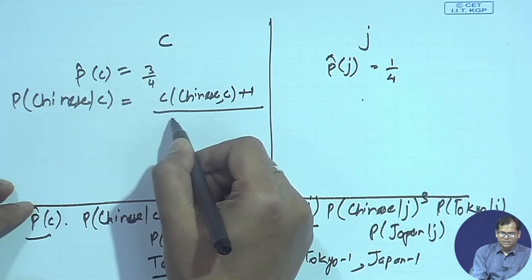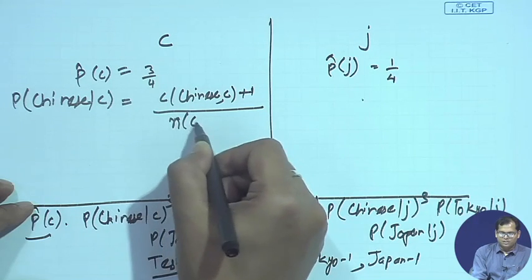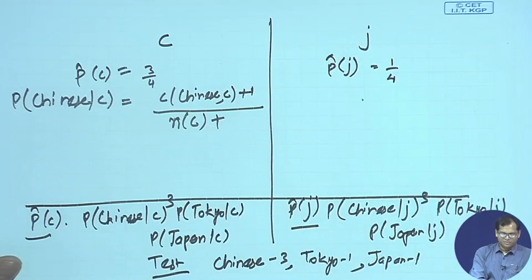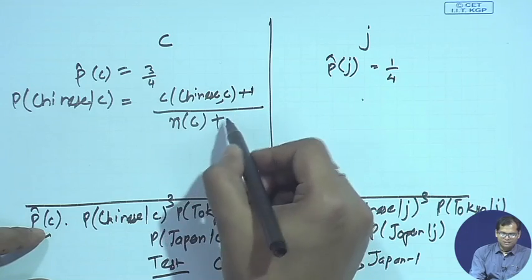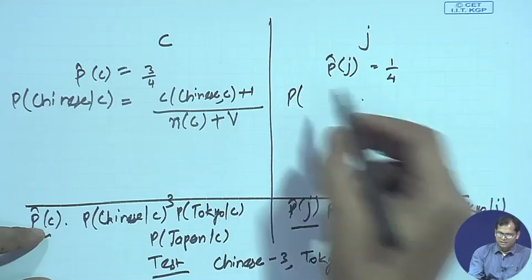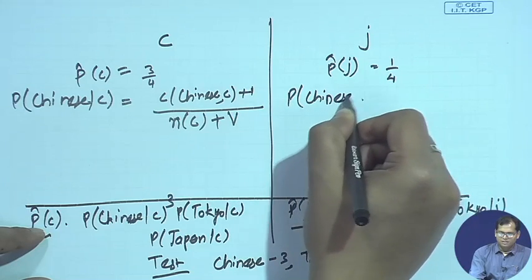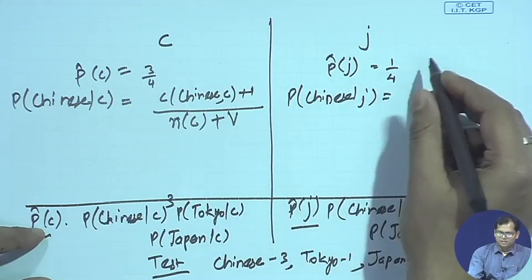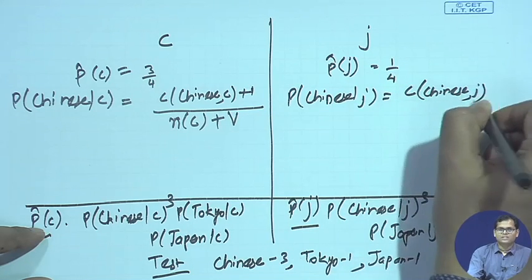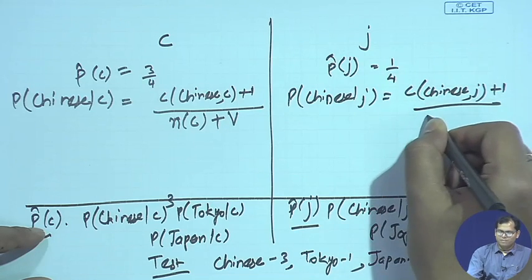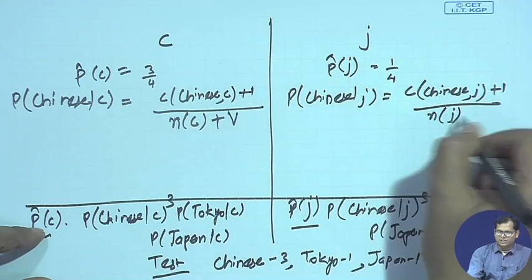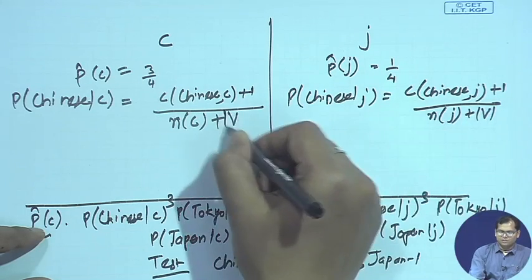So I can call it the number of words in class Chinese plus my vocabulary size. Now what is the vocabulary size here and what is NC? Let us see. Similarly, you can compute probability Chinese given J as count of Chinese in class J plus 1 divided by number of words in class J plus my vocabulary size.